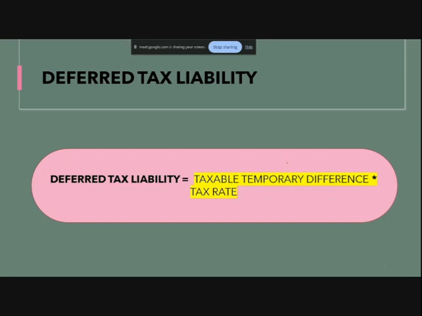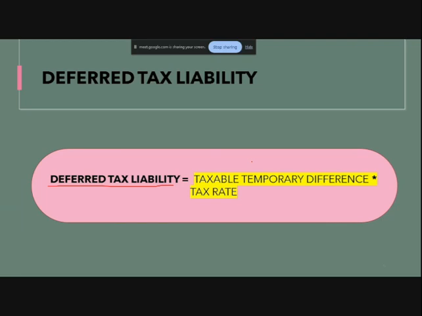Now moving forward, how do we find what amount we will show as deferred tax liability? That will be the taxable temporary difference multiplied by the tax rate. What was the taxable temporary difference in our previous example? 10,000. Yes. Let's say our tax rate was 30 percent.